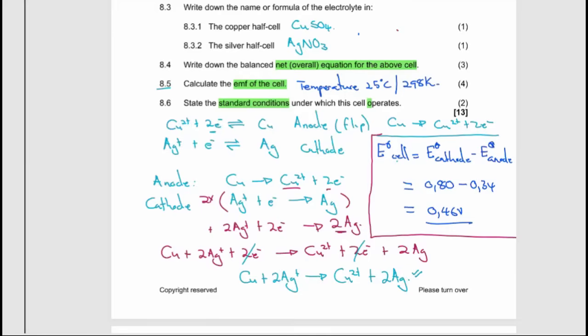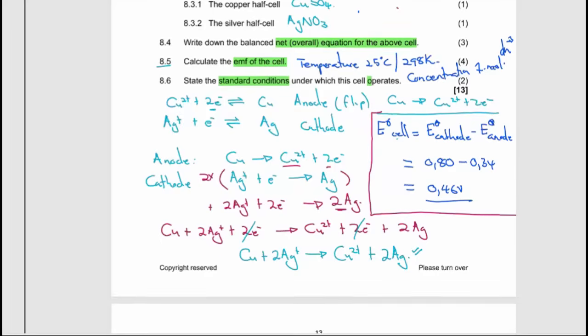Then also we need the concentration. I'm going to say 1 mole per dm cubed. We need the temperature at 25 degrees or 298 kelvins, and the concentration at 1 mole per dm cubed. So those are the conditions that we're looking for.